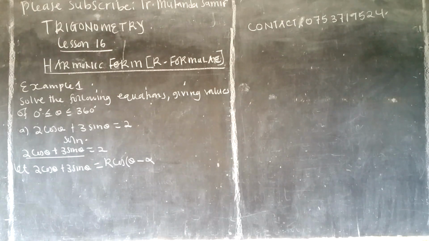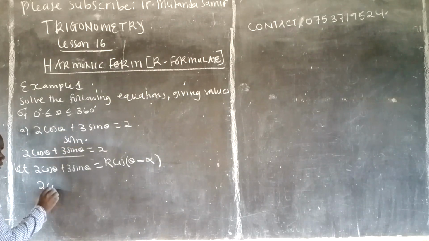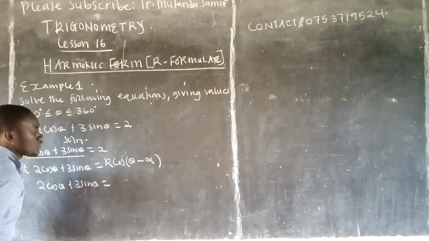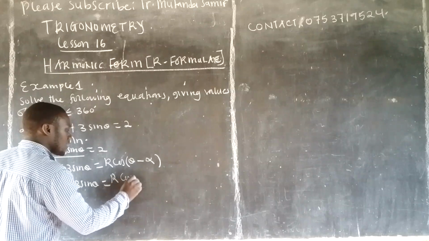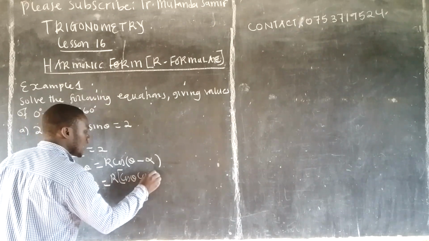Now proceeding, we realize that 2 cos theta plus 3 sin theta is equal to, let's expand here, R cos theta, in brackets, we're using cos alpha.